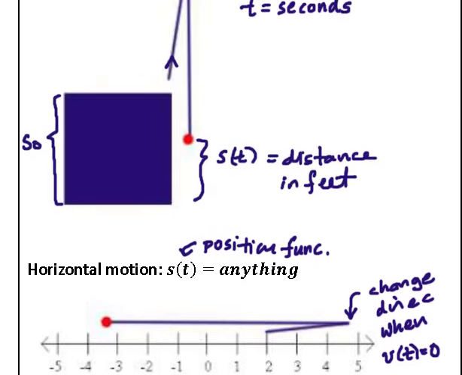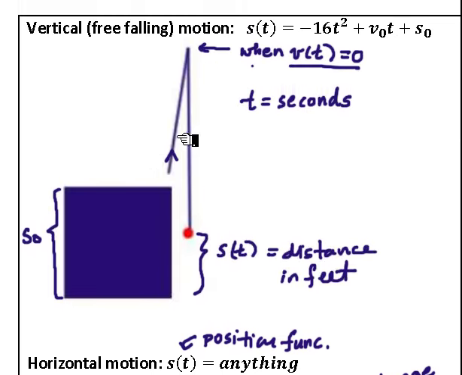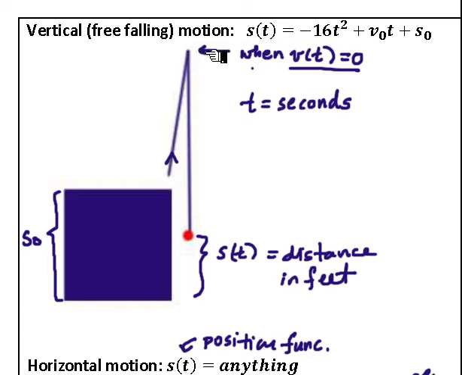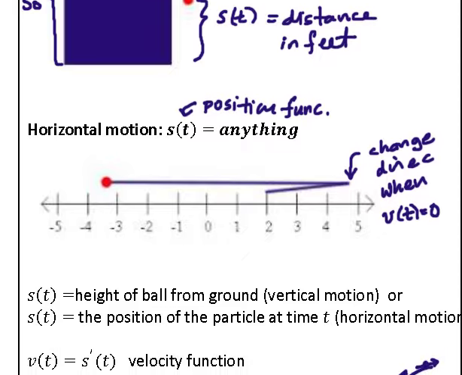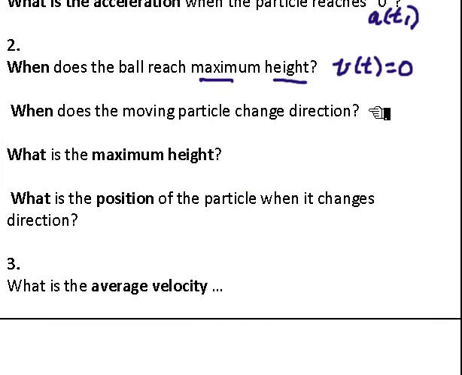In the vertical motion, maximum height is when the ball changes direction, goes from up to down. So here we ask, when does the ball reach maximum height? And the analogous question in horizontal motion is, when does the particle change direction? And again, v of t equals zero is how we get that. Solve v of t equals zero.